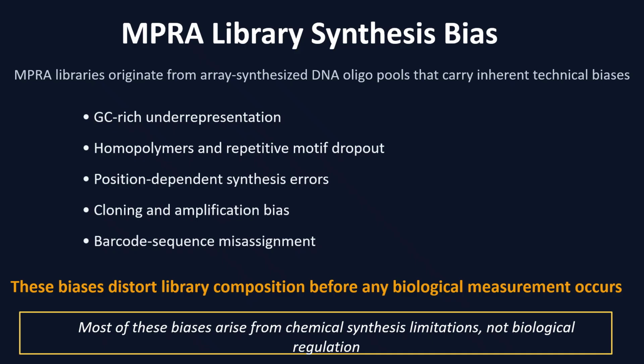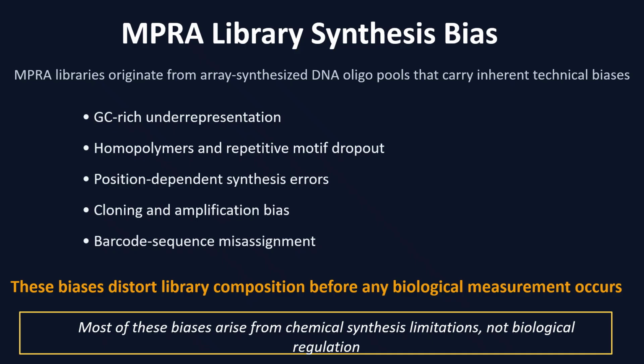So all of these things happen before any biological experiment actually. As a result, the MPRA library is not a neutral sampling of sequence space. It's already shaped by chemical and technical constraints.